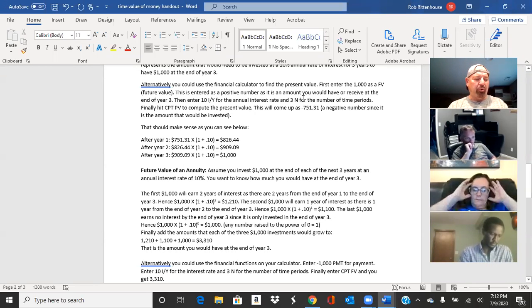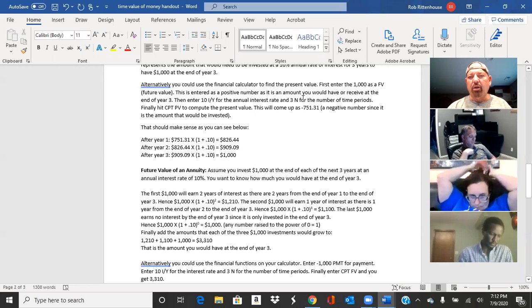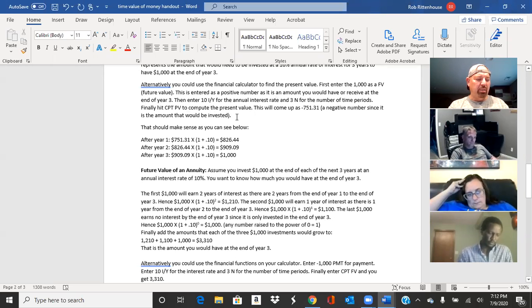And then 3 N for the number of time periods. And then finally hit compute PV. And you're going to see $751.31 is what you should get as the present value there.